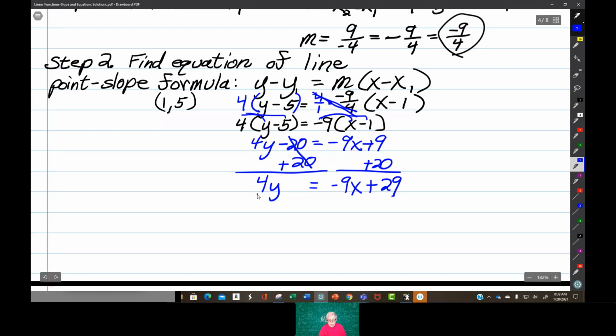And then get y by itself by dividing by 4, dividing by 4, dividing by 4. Here the 4's cancel, leaving me with y equals negative 9/4 x plus 29 over 4.